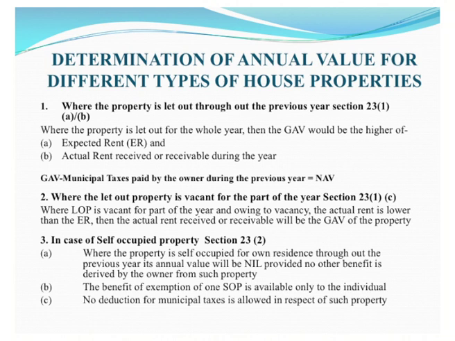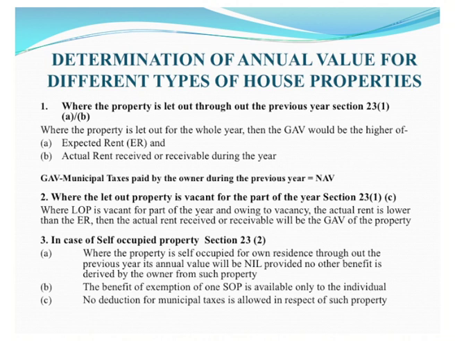The GAV will be the higher of the expected rental value and the actual rent received or receivable during the year. Which means your annual value will be GAV minus municipal taxes paid by the owner during the previous year.